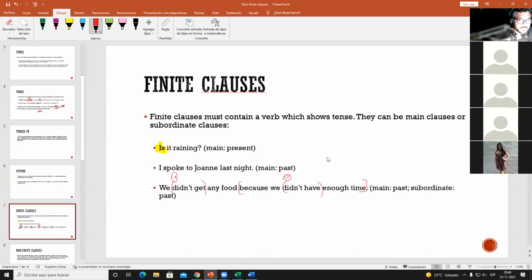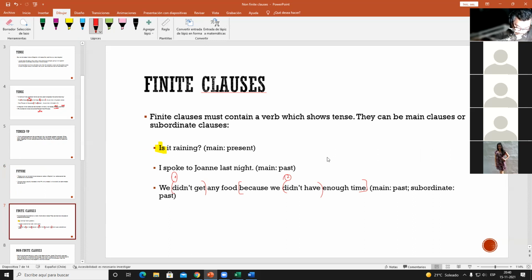Finite clauses must contain a verb which shows tense. They can be main clauses or subordinate clauses. Okay. So if the verb phrase inside of a clause has tense, then we will say it is a finite clause.